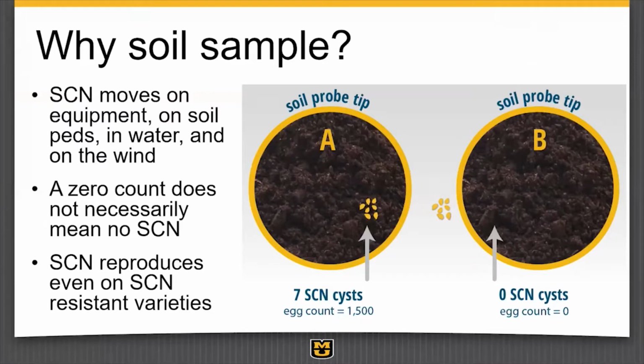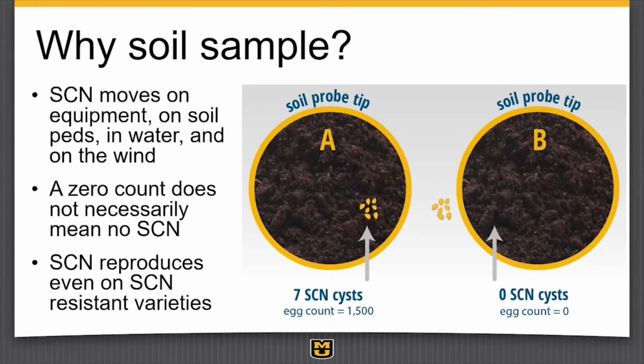So when you're thinking about soybean cyst nematode sampling also, you really need to think about how SCN moves. It doesn't just walk its way into a field. It has to move on different forms of equipment, on soil, in water, or on the wind.